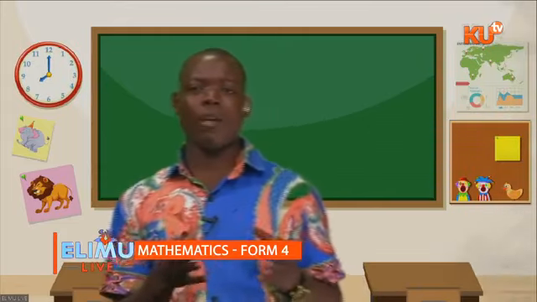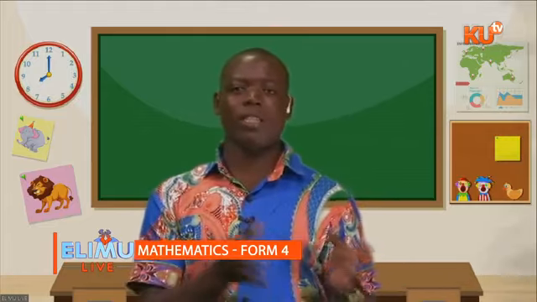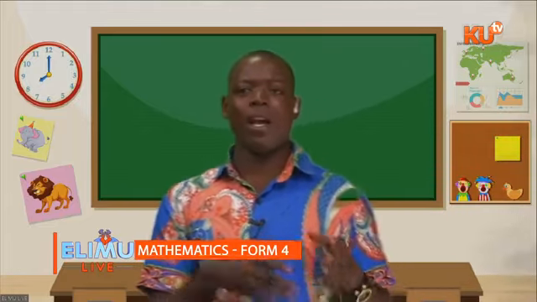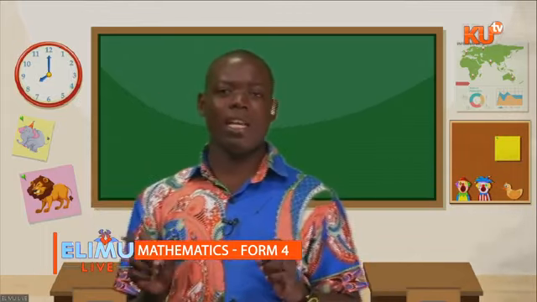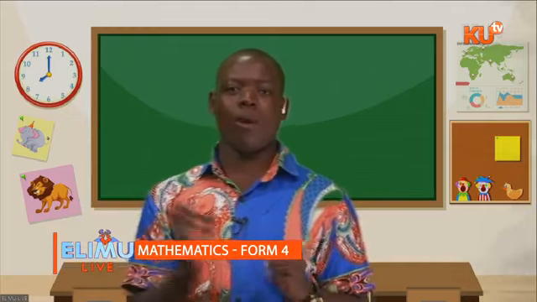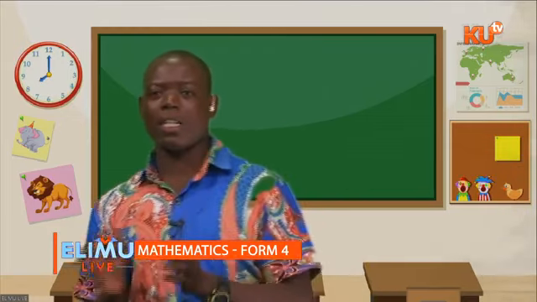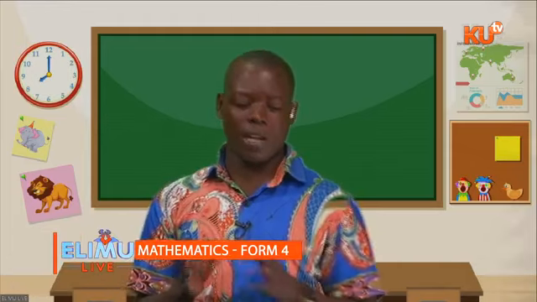Because we are going to have an object changing into an image, or changing position to form an image, after we've applied a matrix. And so the applied matrix here becomes what we call a matrix of transformation. And that is why we have the topic matrices and transformation, bringing transformation and matrices together to form the image.